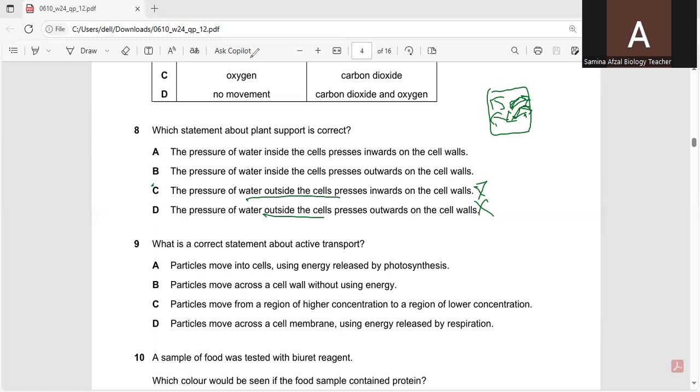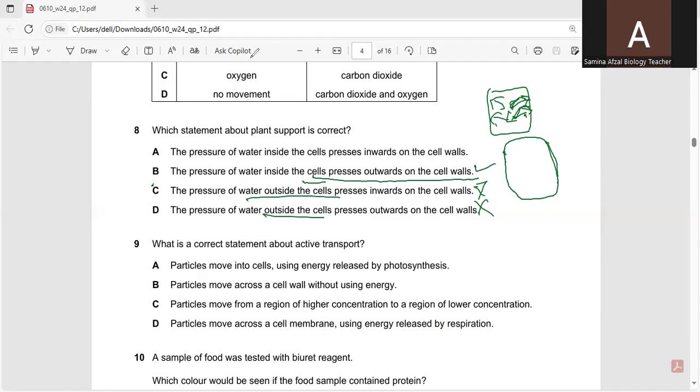It is made up of cellulose, so it has flexibility. When it presses outward onto the cell wall, the cell wall becomes turgid. So they have high pressure inside, high osmotic pressure.